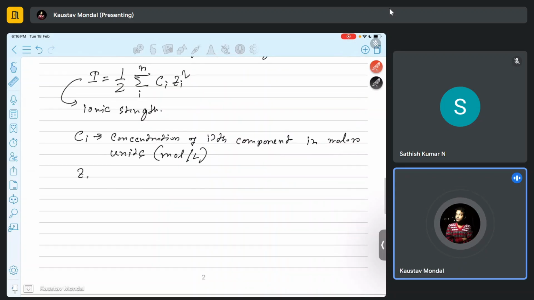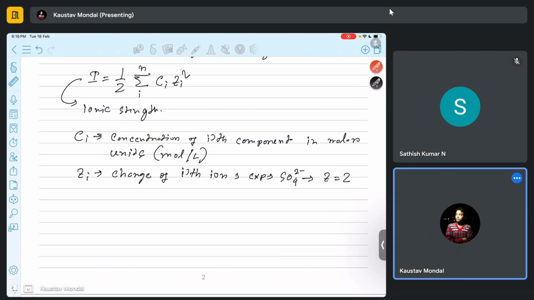Zi is basically the charge of the ith ion. Here Zi denotes the charge of the ith ion. For example, for the sulfate ion SO4 2-, the Z would be 2, because this is an anion having two negative charges.